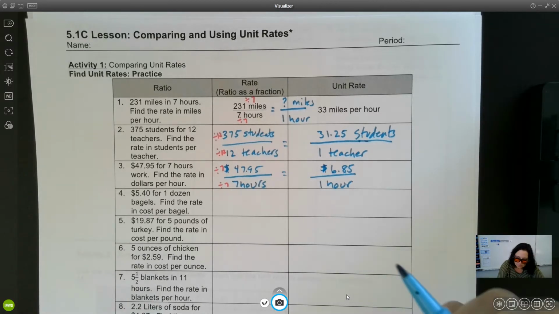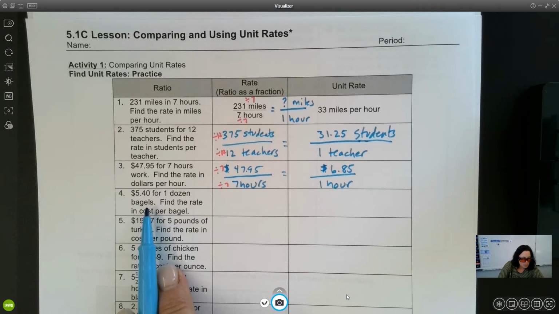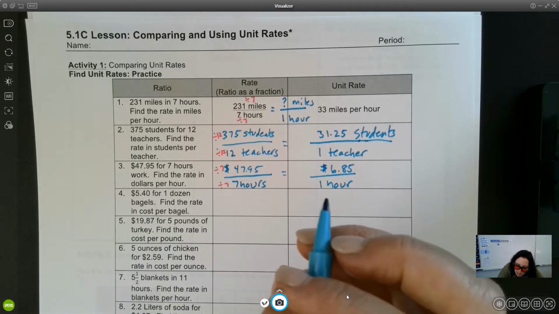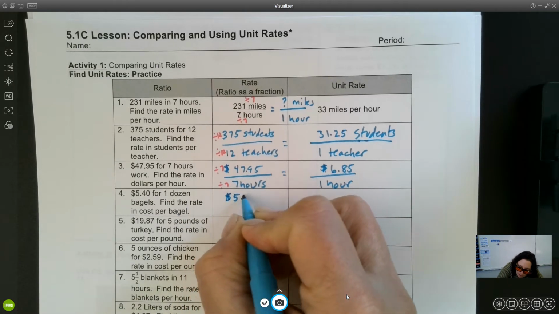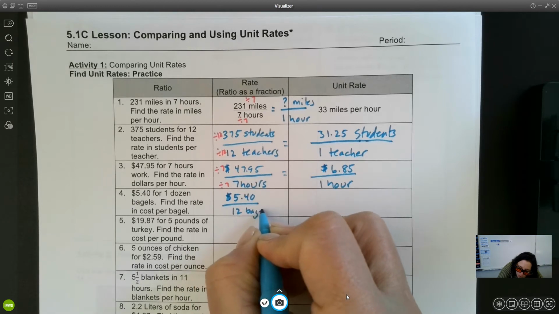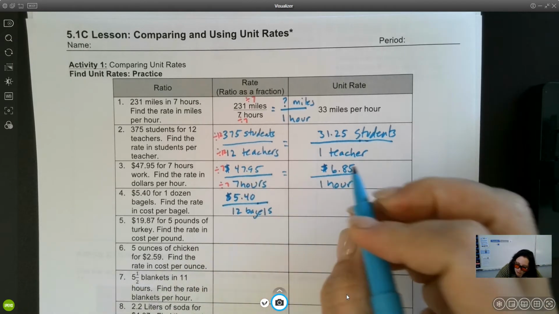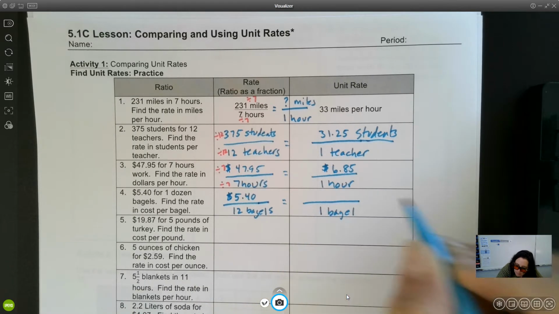Number 4, 1 dozen. I just want to make sure that everybody's okay that 1 dozen means 12. So be careful on that one. Cost per bagel, we've got $5.40 for 12 bagels. I want it to equal 1 bagel.